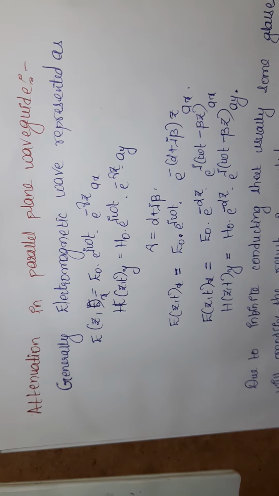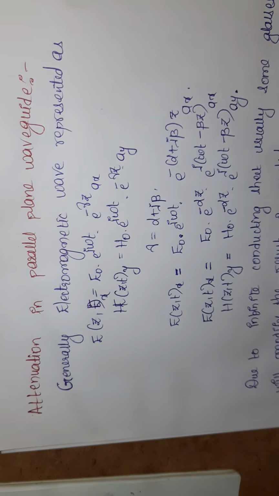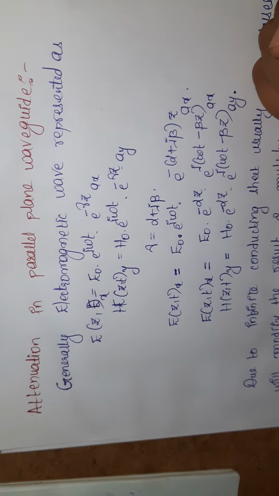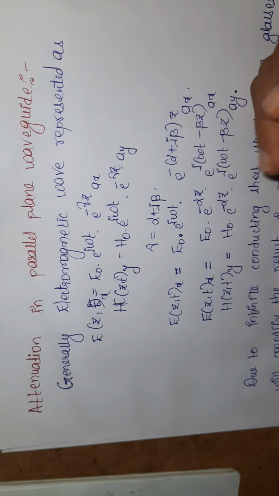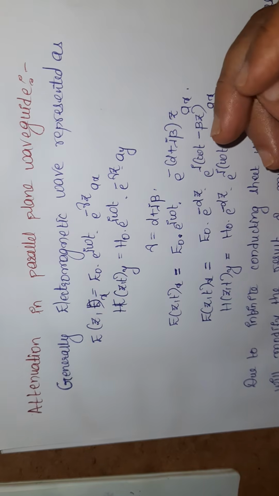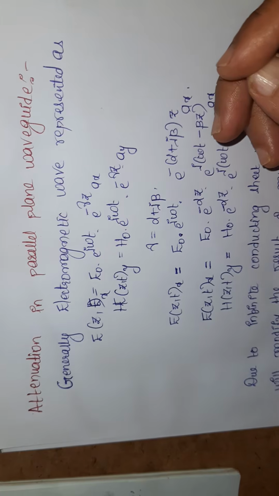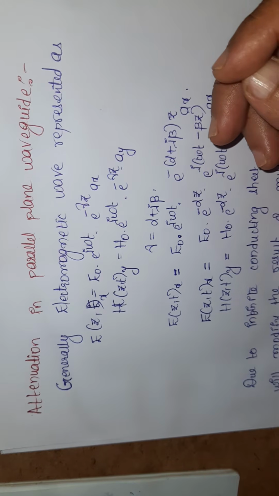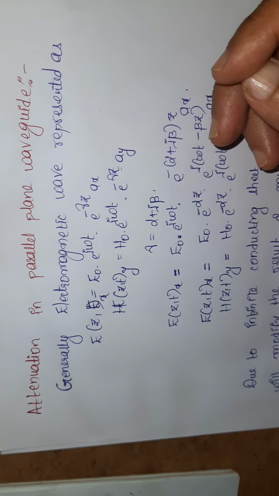Here attenuation means stopping or decreasing the magnitude of a signal. Amplification is nothing but increasing the amplitude of a signal, while attenuation is decreasing the magnitude of a signal.